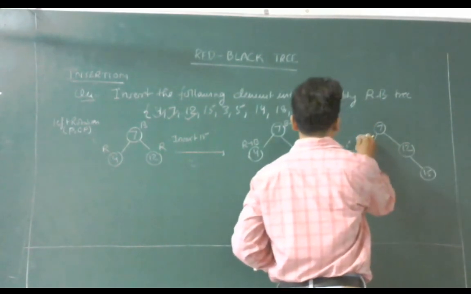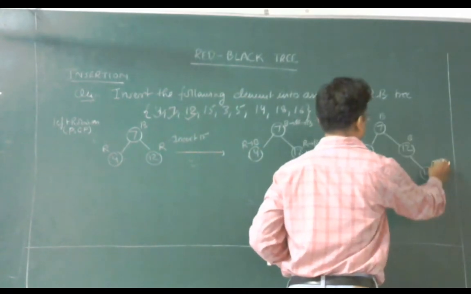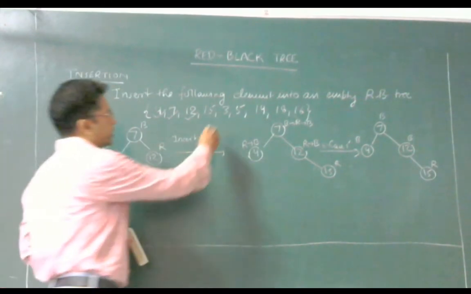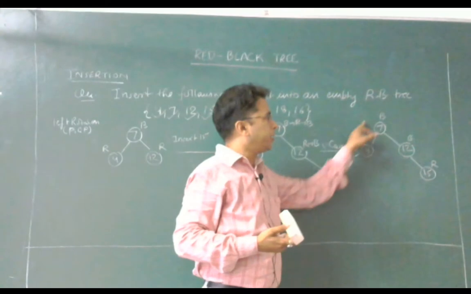So this is black, black and red color, right? We have inserted 15 and it is height balanced because there is black height 2, black height 2.